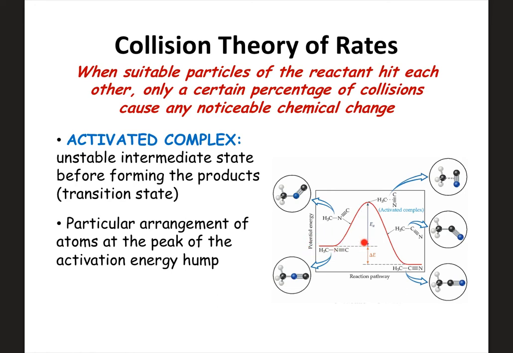There's a minimum amount of energy that must be met. You have to hit with the right amount of energy, and then you can go down the other side of the hill here and form the products. But this middle state, we call this activated complex, or this transition state, would be this point that's in between the reactants and the products. The reactants are what you're starting with, the products are what you're ending with, but then this activated complex is the in-between step.